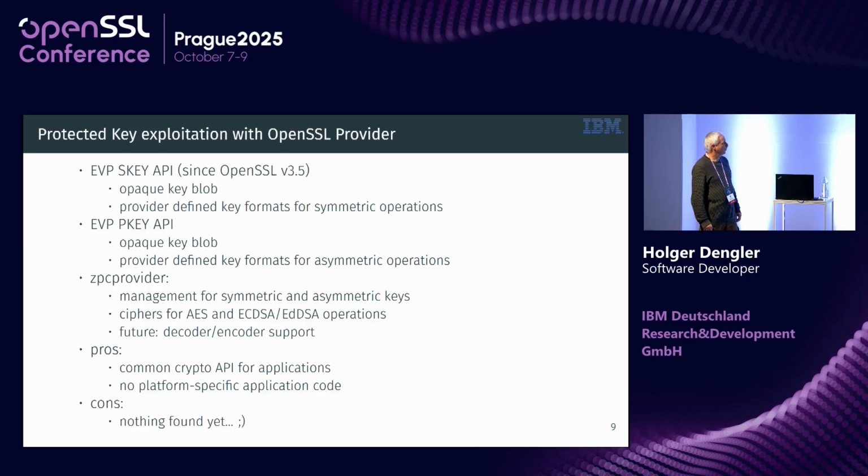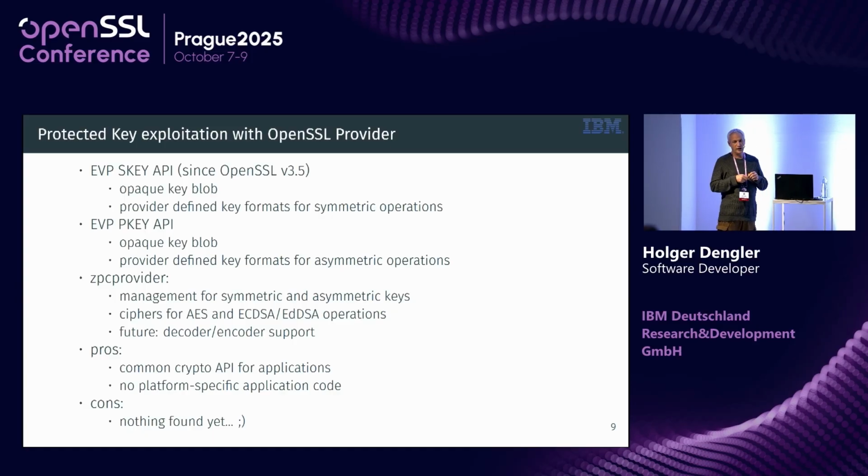Since OpenSSL 3.5, we have this EVP-S key API. It's an API Dimitri already told about. It mainly has opaque key blobs, which are used to perform operations for symmetric cryptography. It's somehow similar to the EVP-P-key API.